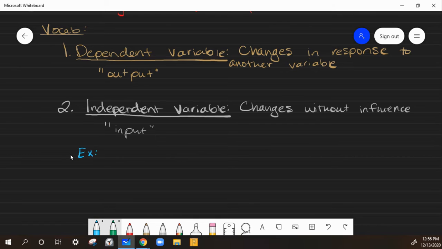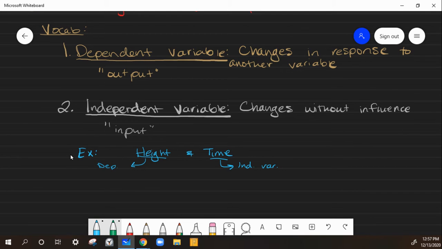So let's just really look at an example here. Let's talk about height and time. Our height depends on our age, which is a form of time. If you didn't know that, age is a form of time. So this would be our independent variable, and our height would be our dependent.